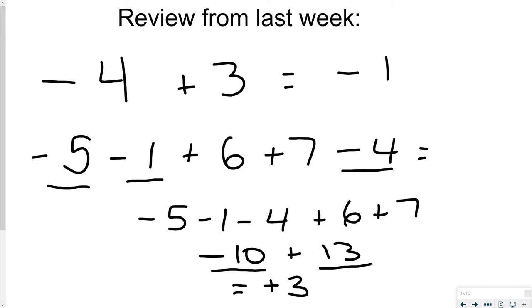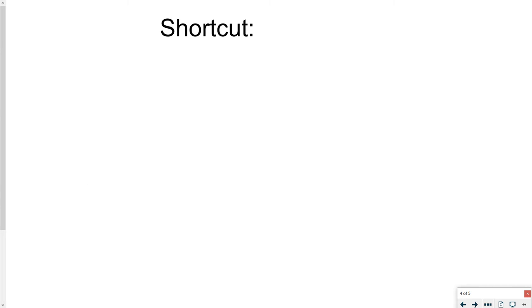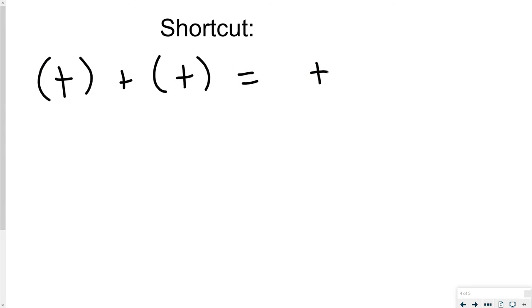Super easy, huh? So here's the shortcut that I mentioned to some of you before. When you are combining or adding, if you have a positive number plus a positive number, your answer will always be positive.